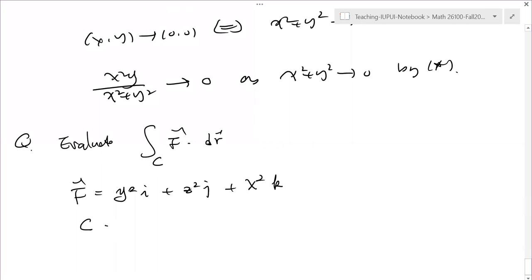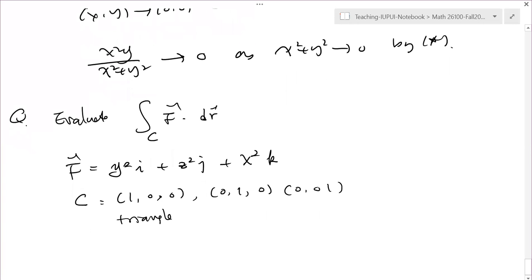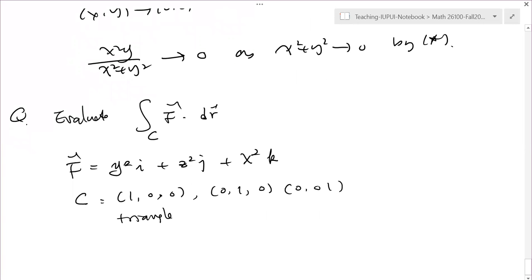C is a triangle, oriented using this order of the coordinates. So here's one point, that's another point, and that's another point. So go in that direction.